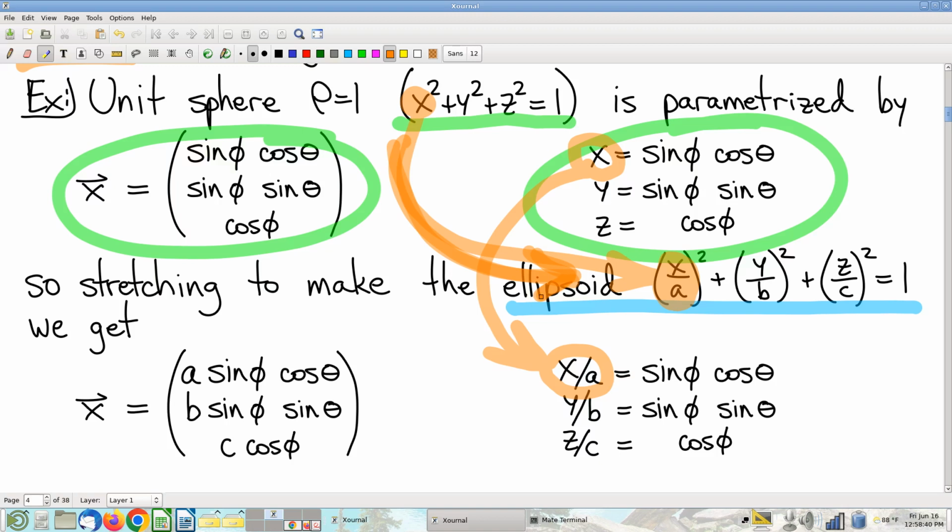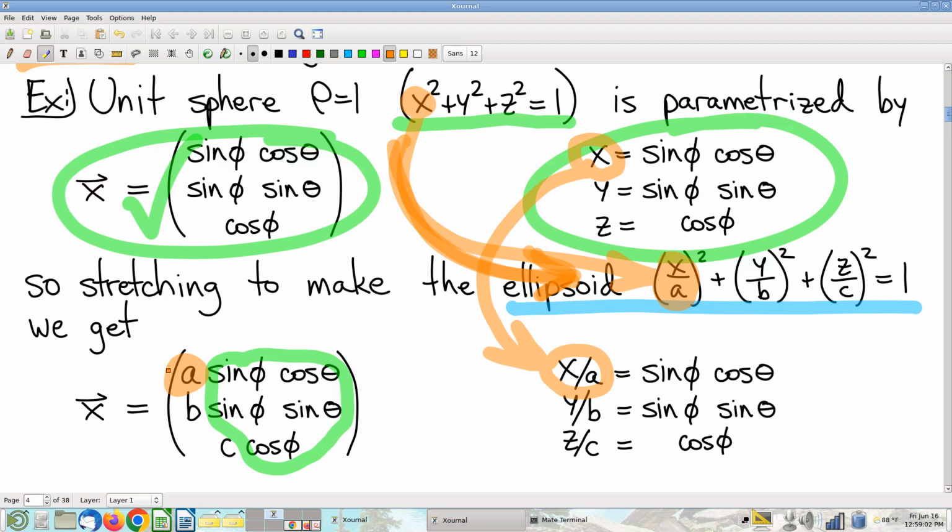And how do you make the x coordinate a times as big? Well, we're going to take our existing parameterization of the sphere, and I'm going to literally make the x coordinates a times as big. That make sense?